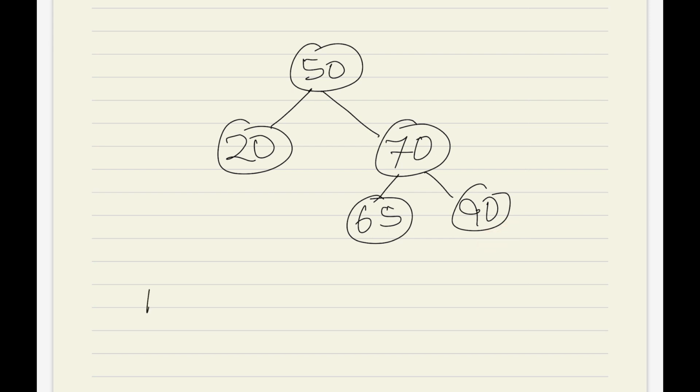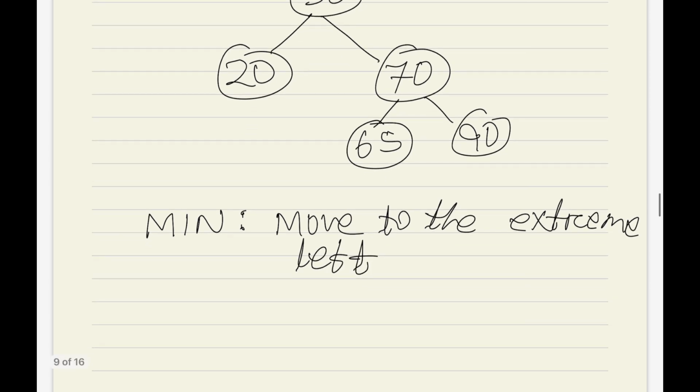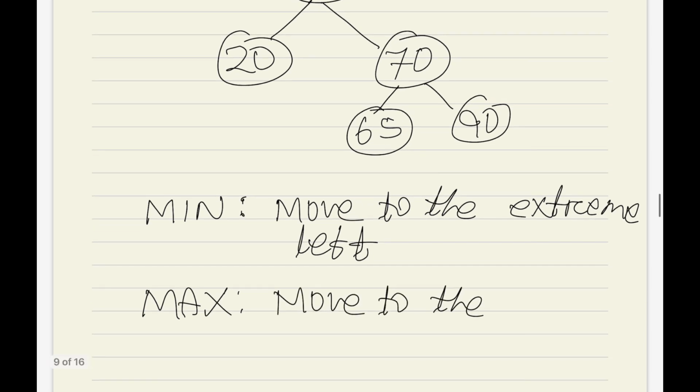So to find the minimum, move to the extreme left of a binary search tree. To find the maximum, move to the extreme right.